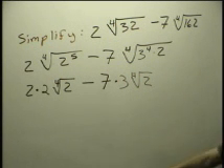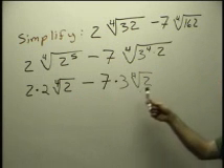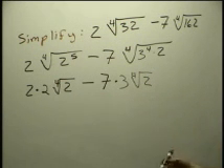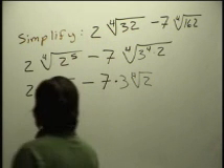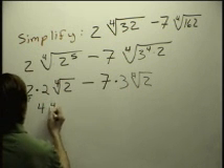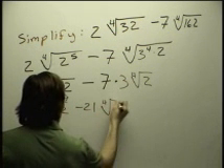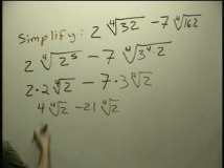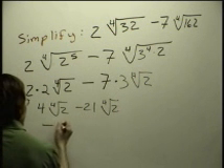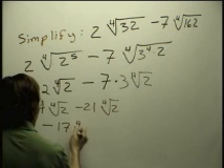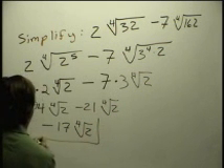And just as in the previous example, we see we end up with the fourth root of 2 on both of these, so we will be able to combine them after all. 4 times the fourth root of 2 minus 21 times the fourth root of 2. 4 minus 21, negative 17 times the fourth root of 2.